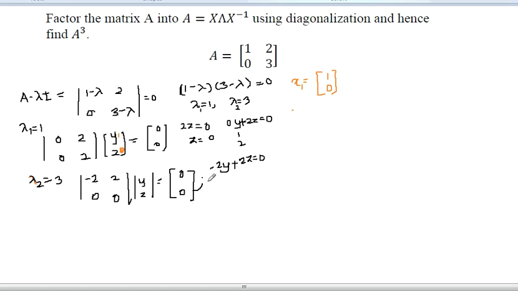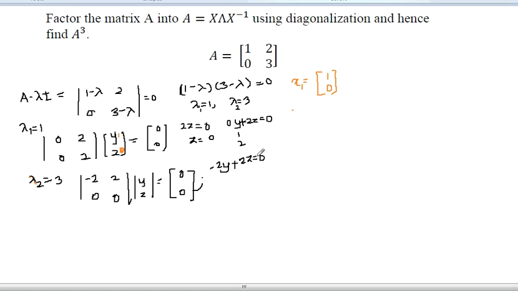By looking at this, the values of y and z have to be the same. If this is minus 2, then this has to be plus 2. So the values of y and z have to be the same.